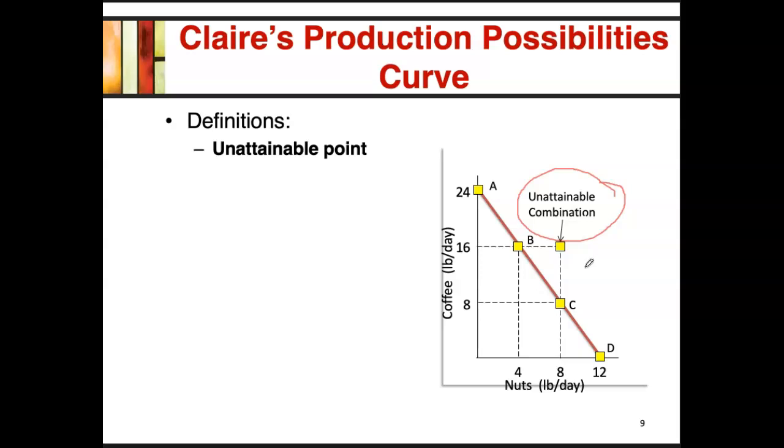Unattainable combination means she can't produce those goods given her resources. So in this example, she can't produce 16 pounds of coffee and also produce 8 pounds of nuts.